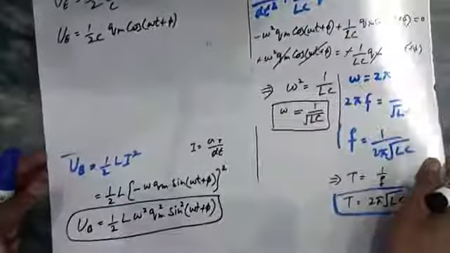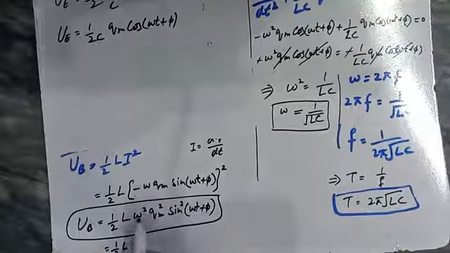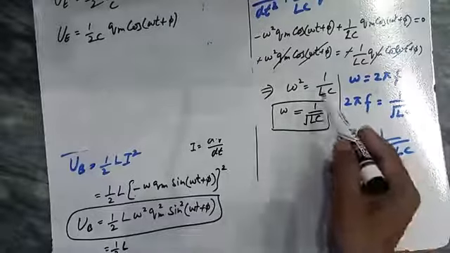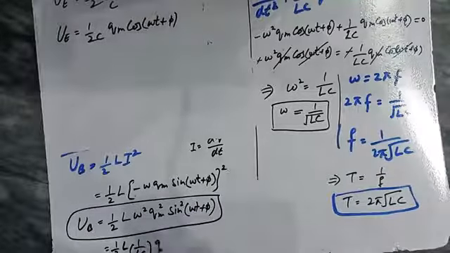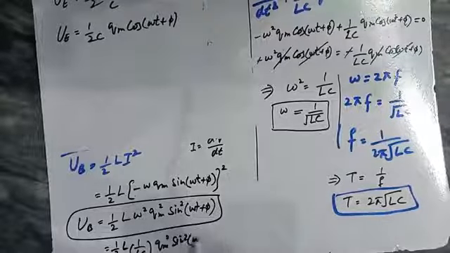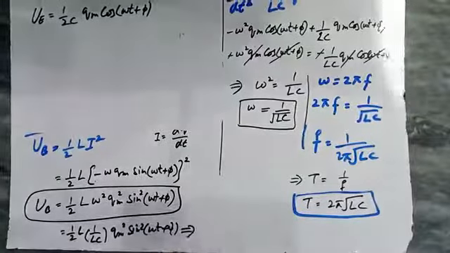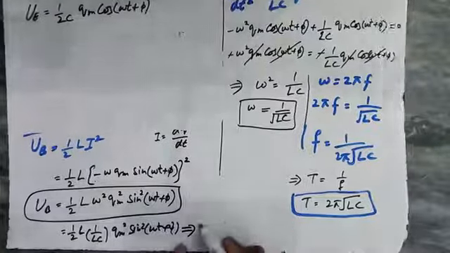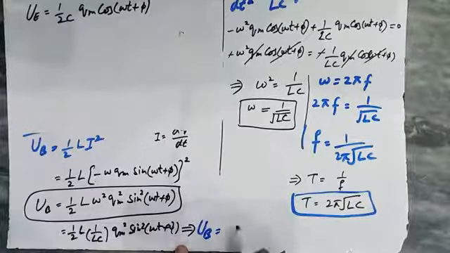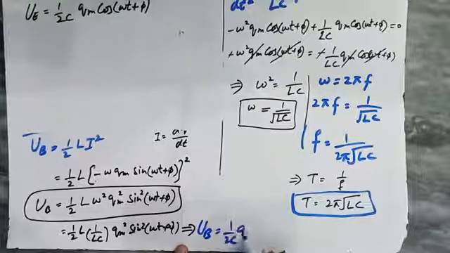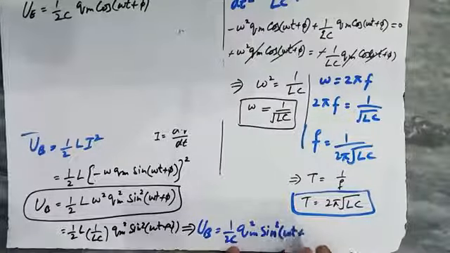I can further modify this equation. If I replace omega square with its value 1 over LC, then this result becomes, magnetic energy UB is equal to, this L is cancelled out with this L, so I get 1 over 2C qm square sin square (omega t plus phi).